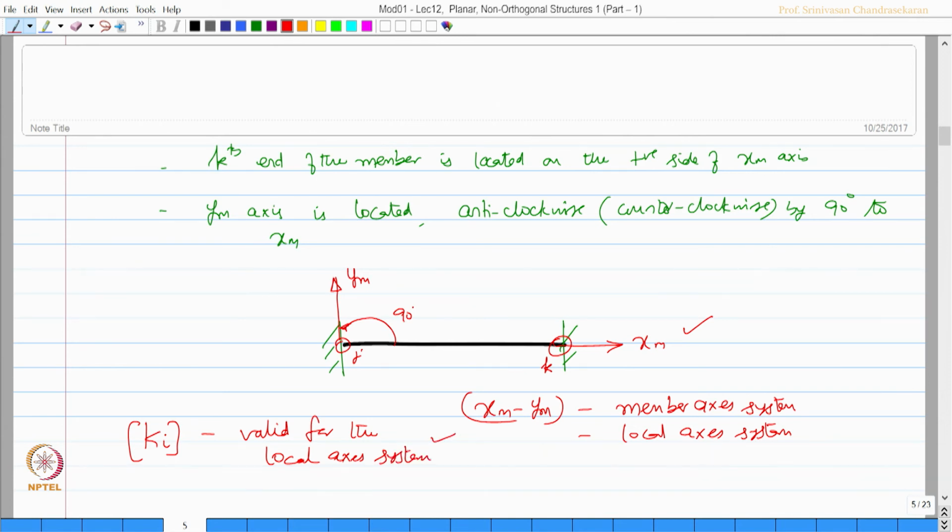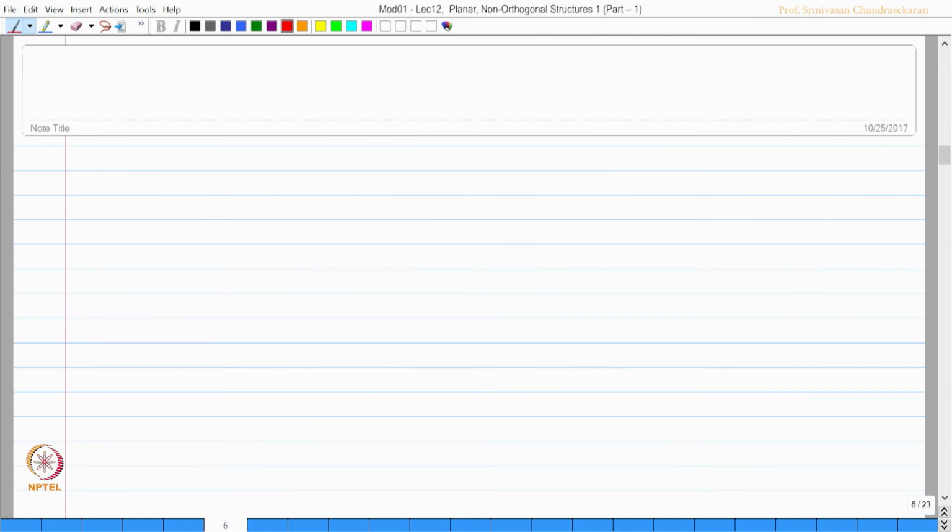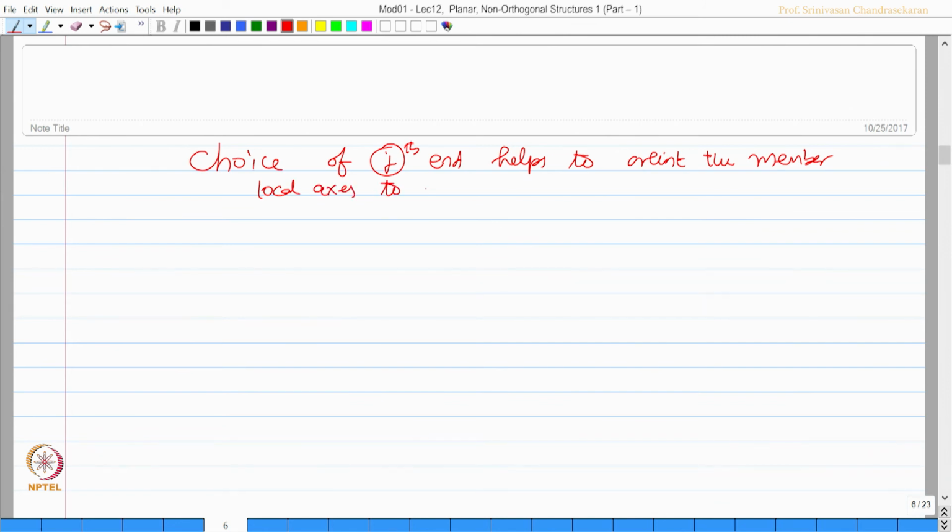Okay. So, it is very important to note that choice of jth end helps to orient the member local axis to that of the reference axis.